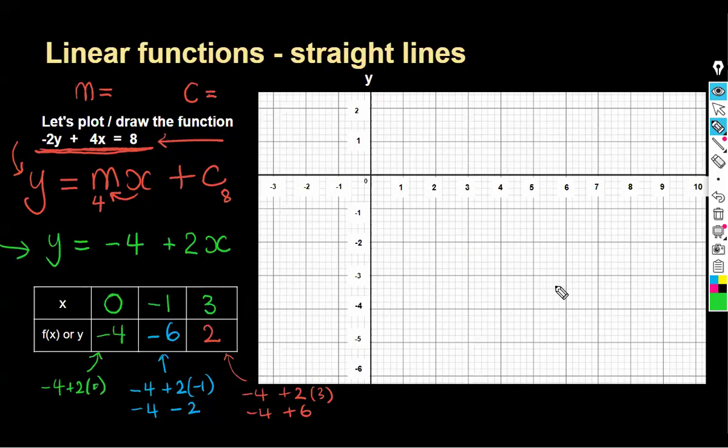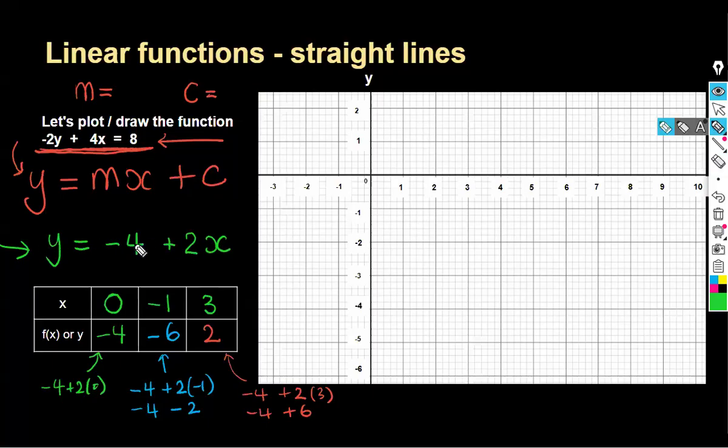But people will still make a mistake. You notice in the general equation, m comes before c. So people will be quick to say m is minus 4 and c is 2. That would still be wrong. Because according to the general format, once y is the subject, the person touching x is your gradient, and the person not touching x is your y-intercept.